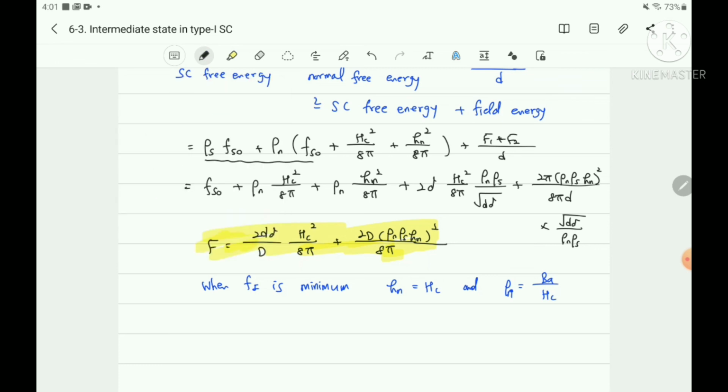Therefore, from this, Fi becomes Fs0 plus rho n Hc square over 8 pi plus rho n 1 over 8 pi Hn, where here Hn is Hc. Hc is equal to Ba over rho n, plus.